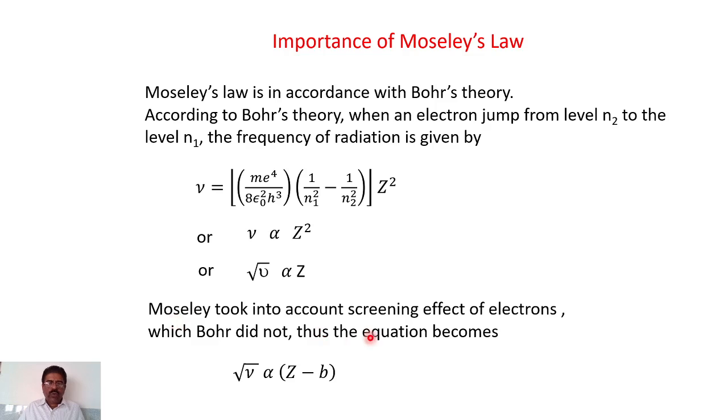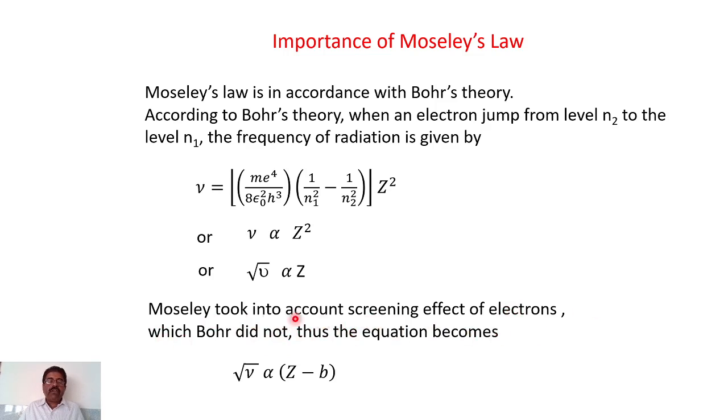But Mosley took into account the screening effect of electrons. The accelerating, highly energetic electron goes towards the inner shell electron in order to make it free, but meanwhile the opposing force of the outer shell electrons must be considered. That is the screening effect.